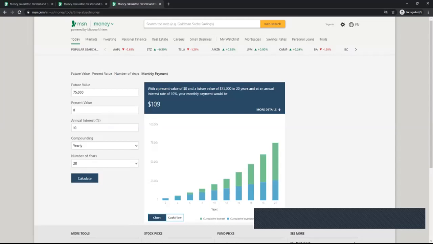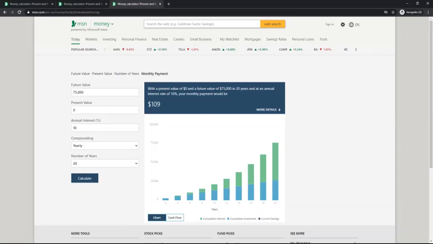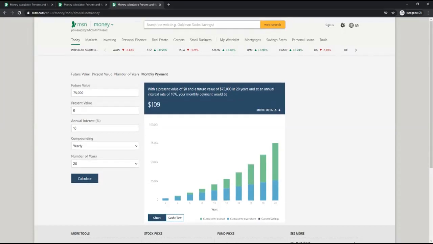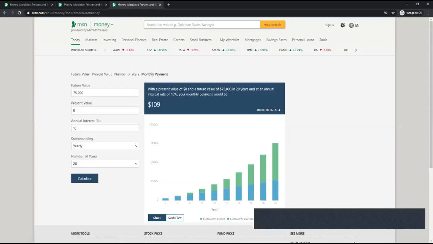Say, for instance, if you're planning for retirement and you want to have an idea of how much you're going to have, depending on the kind of funds that you buy, your future value is going to change. It will determine your monthly contributions. So you can play around with this calculator.